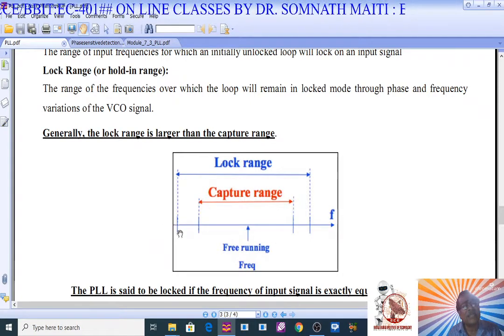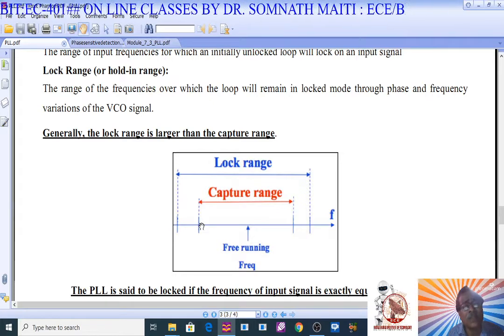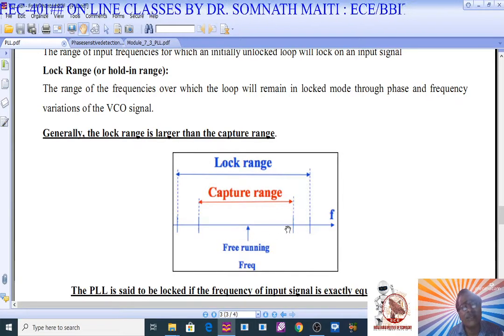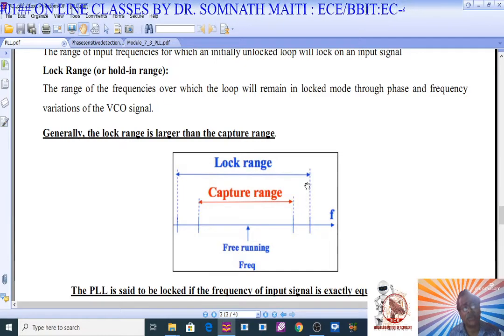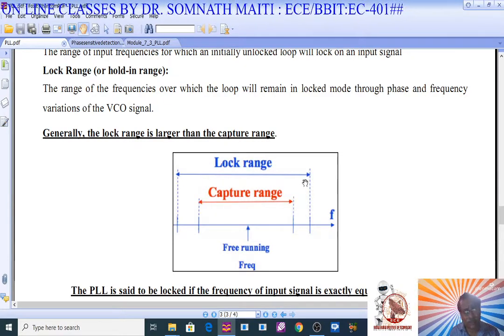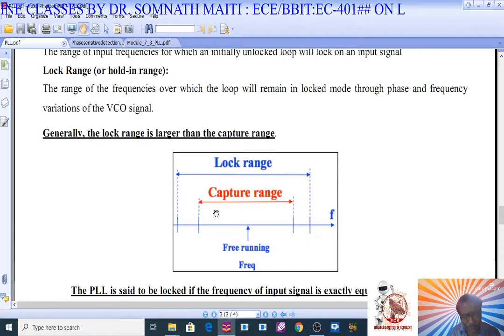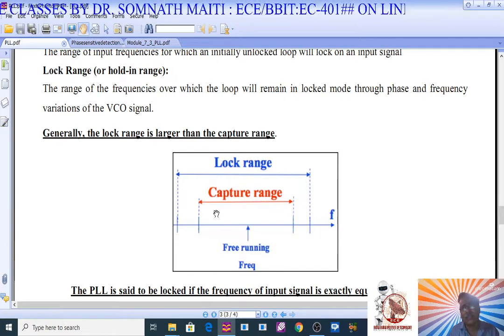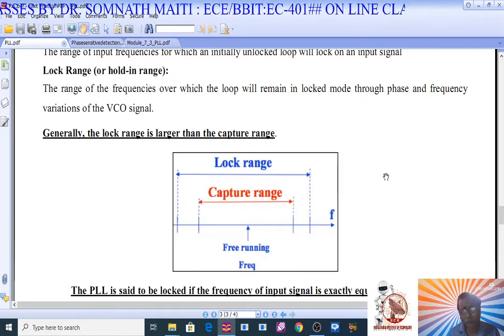So the lock range has a lower value and a higher value. Similarly, capture has a lower value and a higher value. And the capture range is different from the lock range. That I am going to explain, because the lock range depends upon certain factors and the capture range depends upon some other factors. Since the factors are different, the ranges are different.